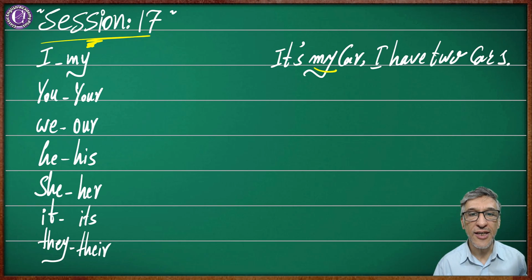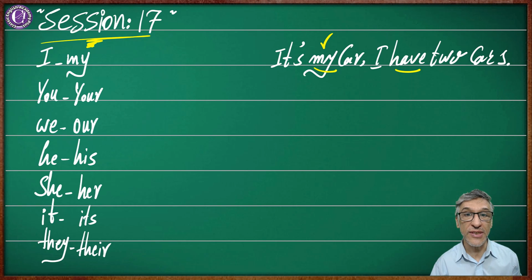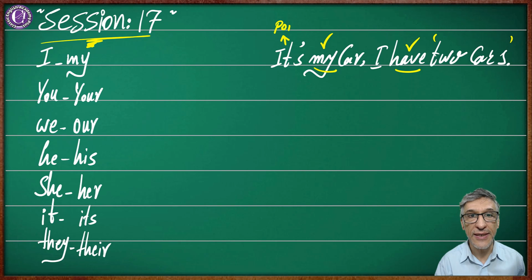I just try to show my ownership with possessive adjectives as well as a verb. Sometimes I need to show it with a possessive adjective, sometimes I need to show it with a verb. When I am going to say how many, I use the verb have. Do you remember it? Pointing that it is my car.